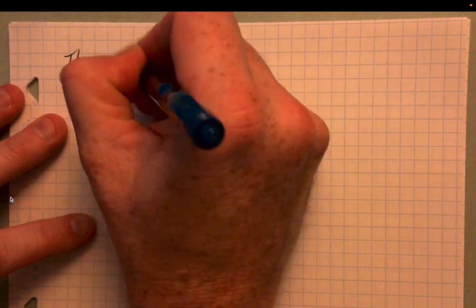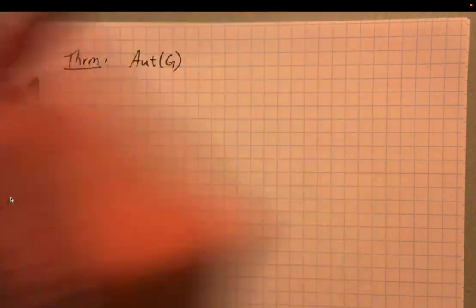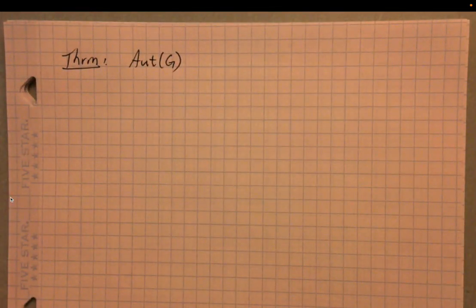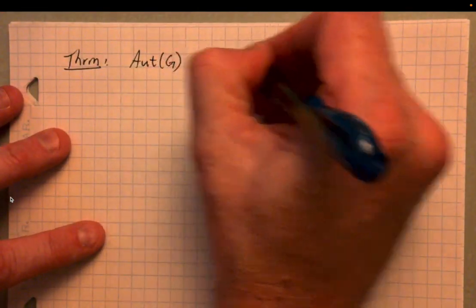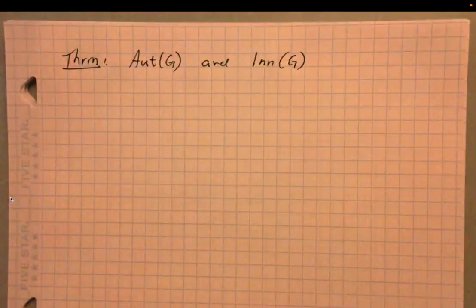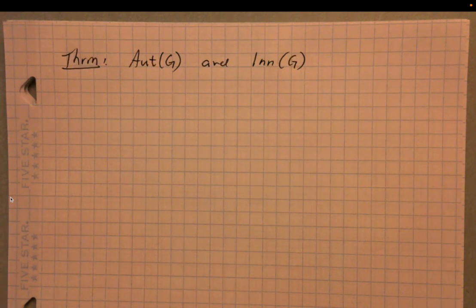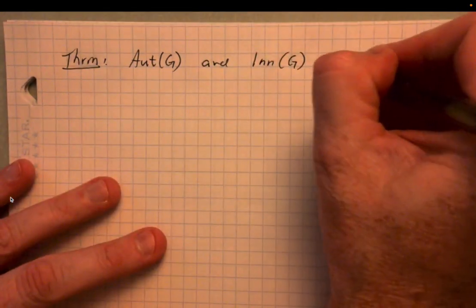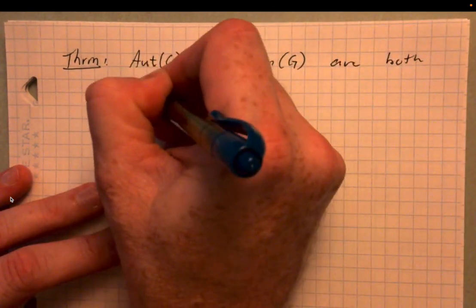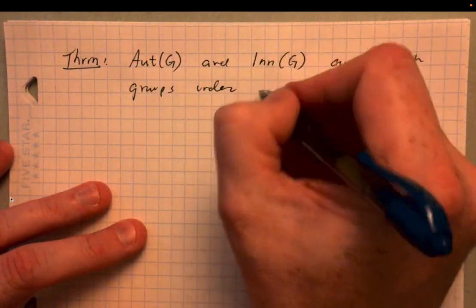The last theorem says that the set of automorphisms of a group and the set of inner automorphisms of a group are both groups under function composition. So Aut(G), this is the set of all automorphisms of the group G, and Inn(G), this is the set of all inner automorphisms of G, are both groups under function composition.